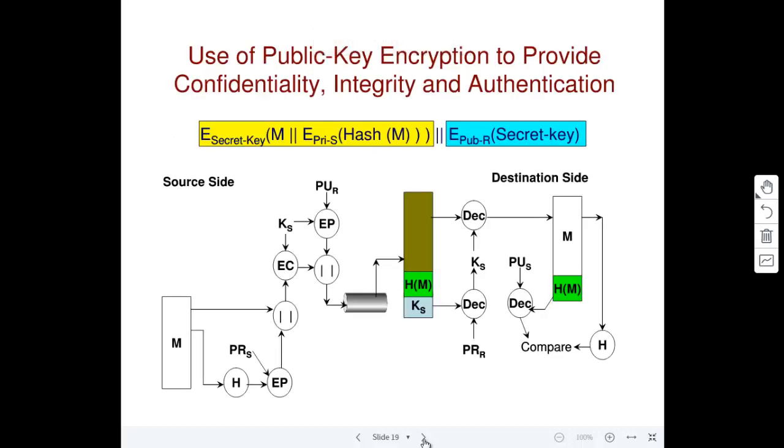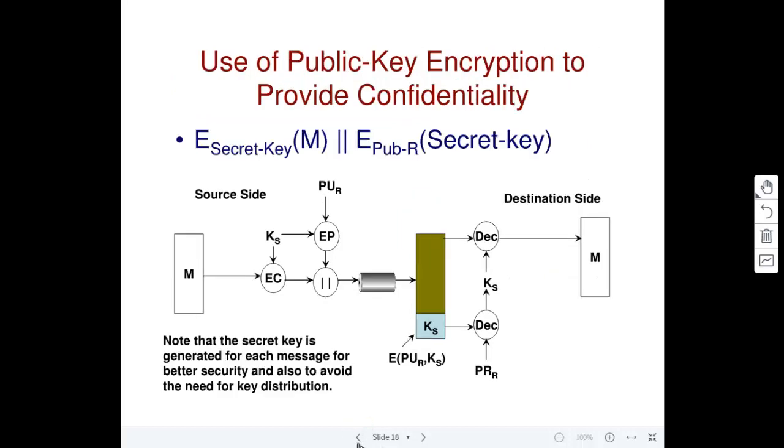So now what we want to do is provide confidentiality to the user. So here again we do not focus on integrity and authentication. We want to make sure the message that was transmitted by the sender is seen only by the receiver. Nobody else should see what the message is. So that is what we mean by confidentiality.